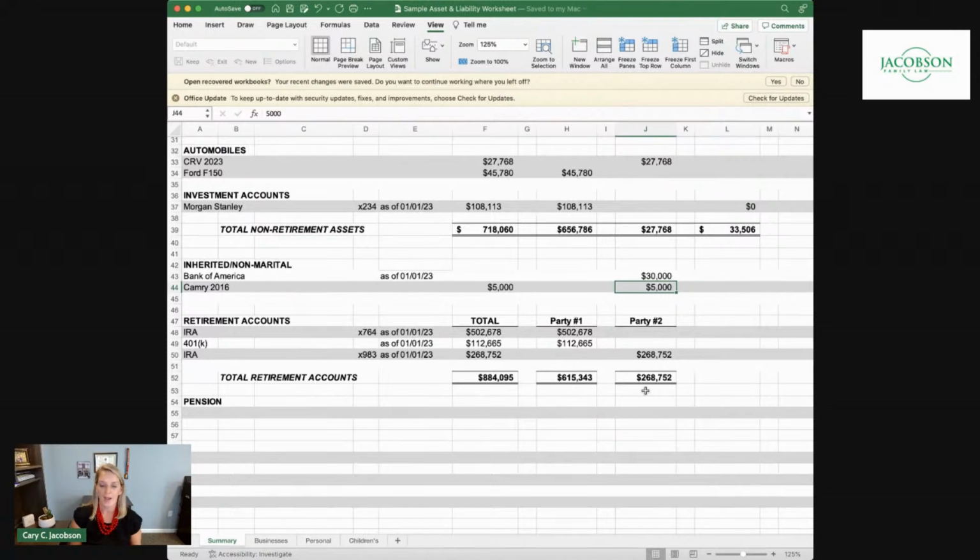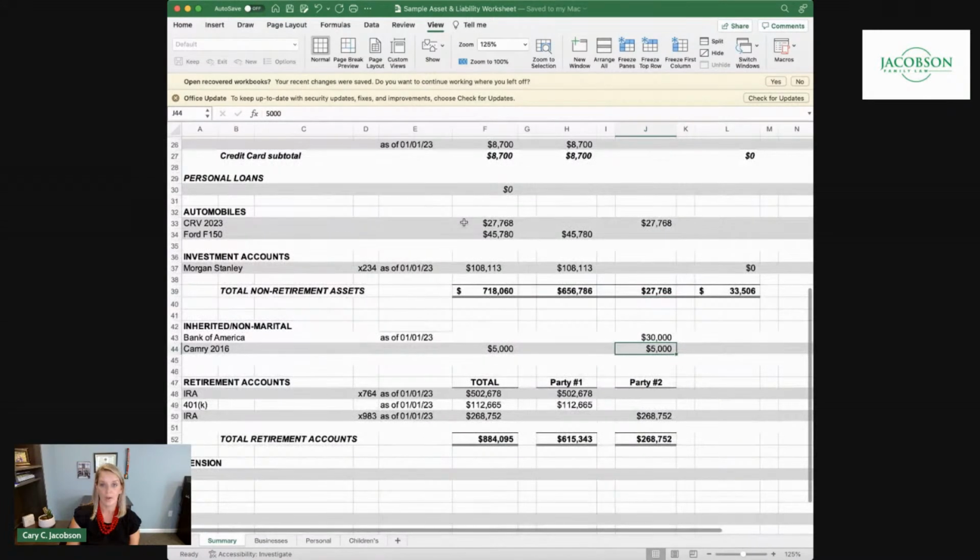So we'll get into more in a future Finance Friday as to how to divide these assets, but this gives you a good understanding of why a worksheet like this is very important, because it will be helpful for you in your divorce case to have a list of these assets and know exactly what everyone is trying to evaluate.